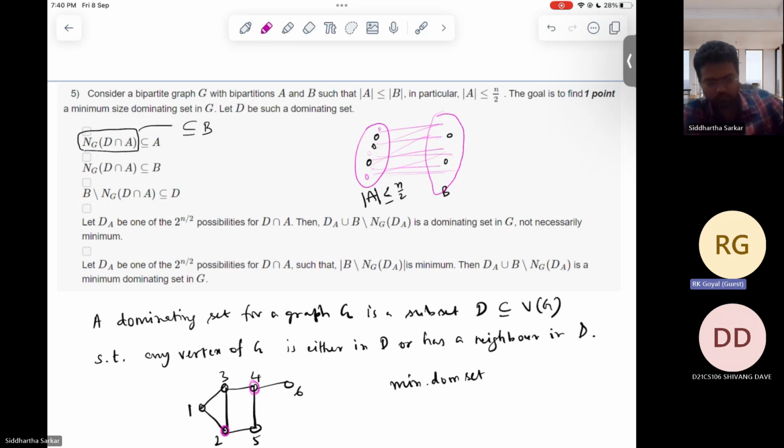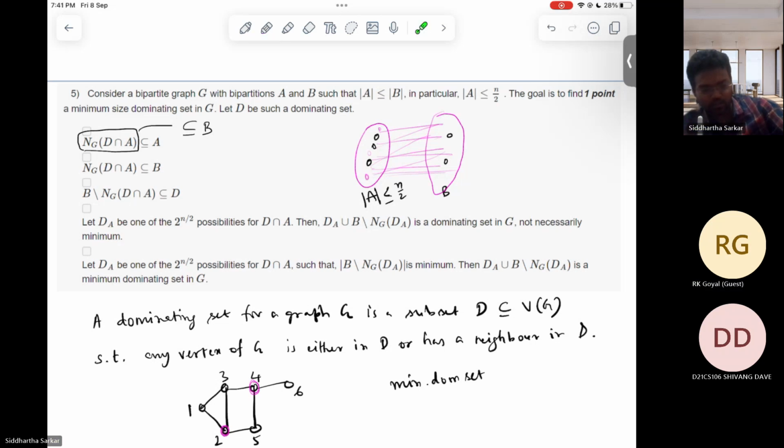Yes. So the some of the vertices, and then I compute the, okay, I forgot to apply this N G operator here. Then I compute the neighborhood of those vertices. So the neighborhood of some of the vertices will come out to be some of the vertices of B. So some of the vertices of B clearly would be the subset of B. Yes, it's correct now.